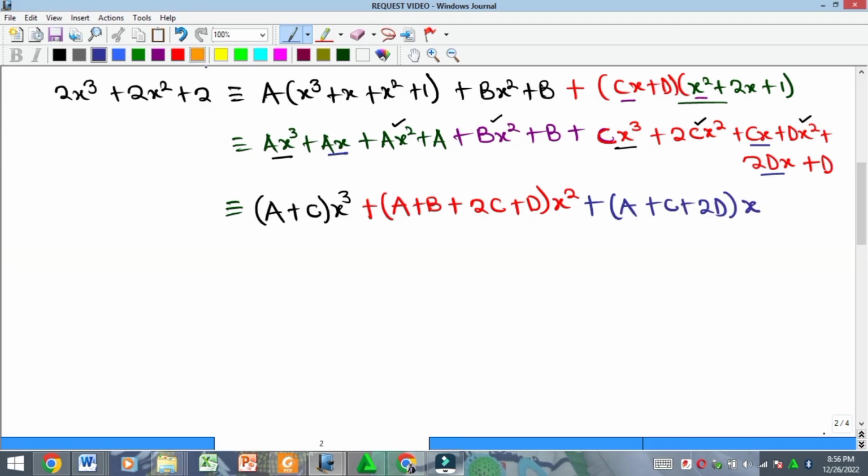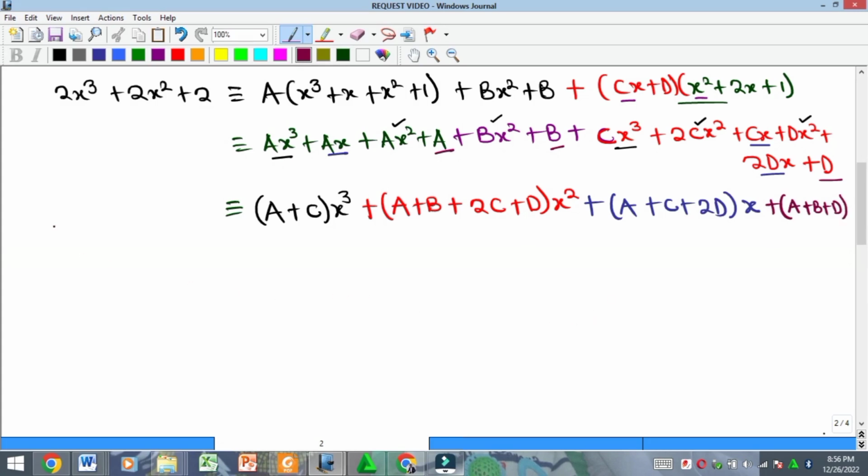And finally, we go for the ones that don't have x at all, and they include this one, and then this. Is that all? Is there any other one? Okay, there's b here. So finally there we are going to have a plus b plus d as the constants.